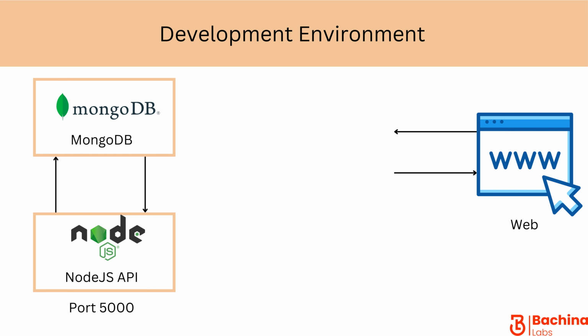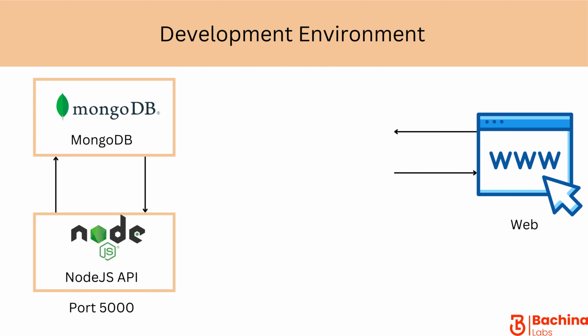So first we will build the Node.js API on port 5000, and this Node.js API will talk to MongoDB and fetch data, or save data, or change some data in the MongoDB document database, and serve all the API calls through port 5000. Now we are done with the Node.js API, and it is serving all the requests on port 5000.